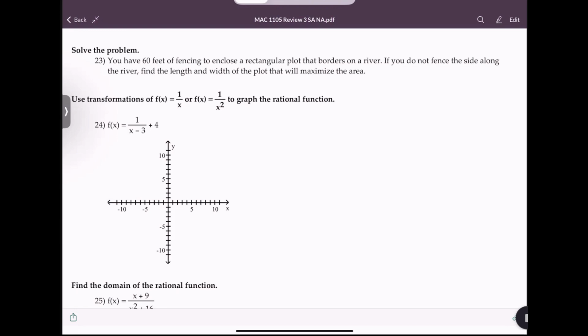I plug the W in here. Or does it disappear because I'm plugging into the area equation? So equals... I replace the W with this. Got you. Yes? Yeah.